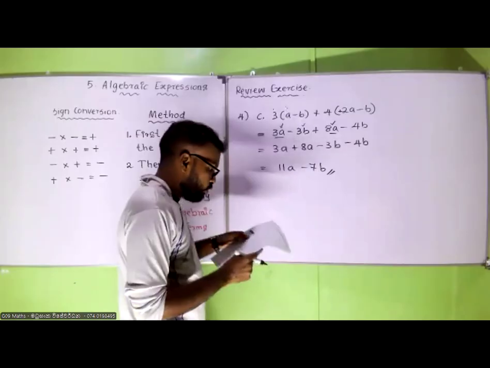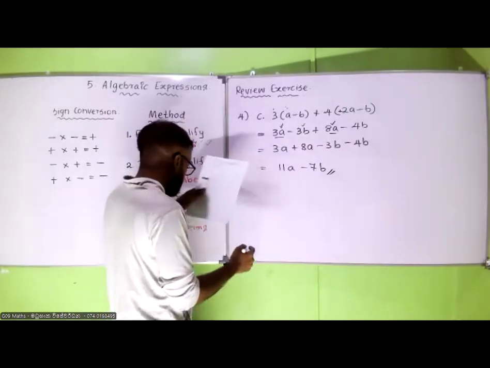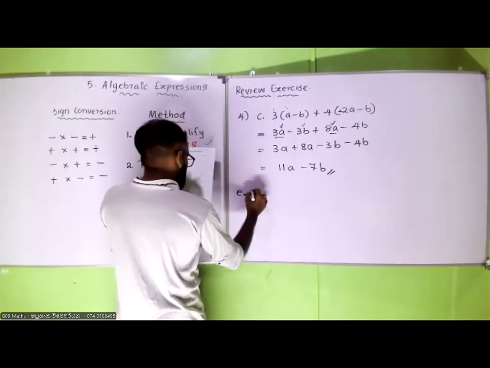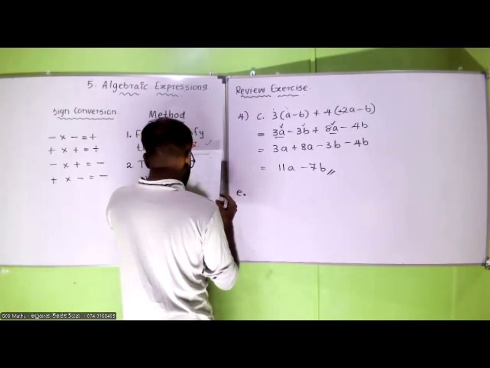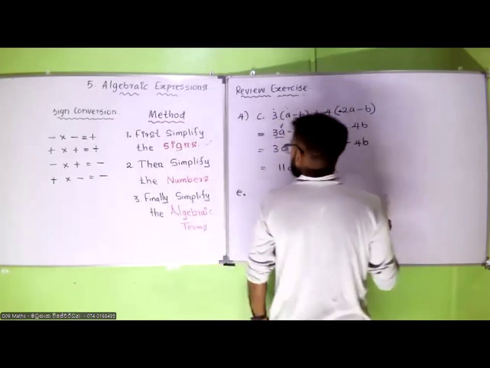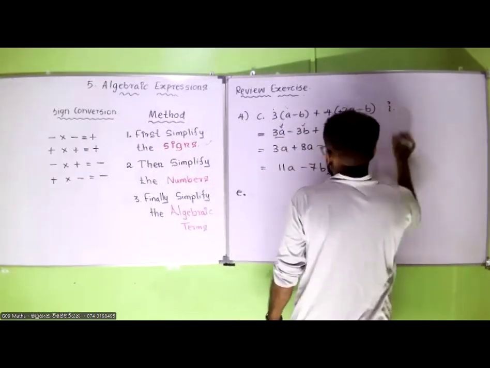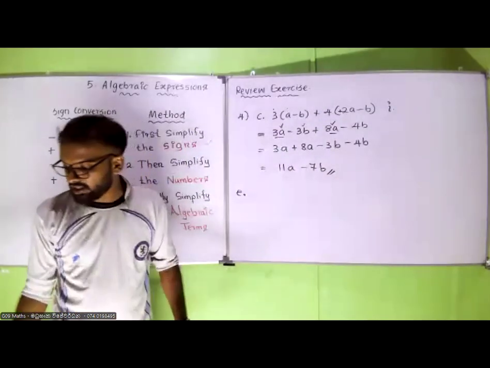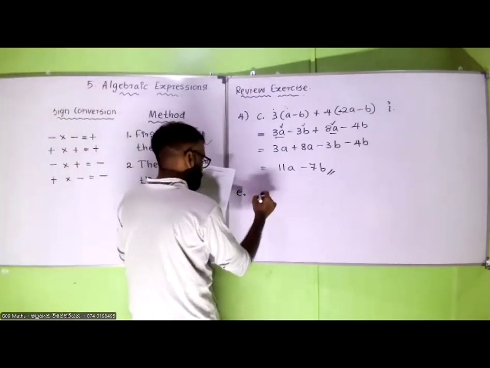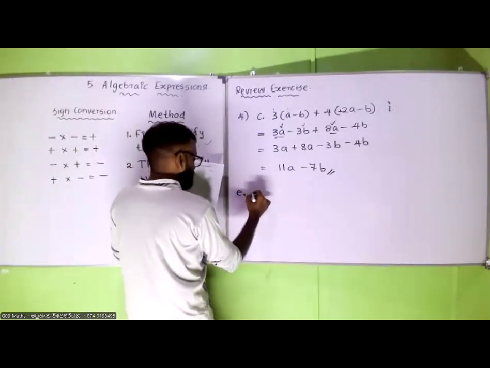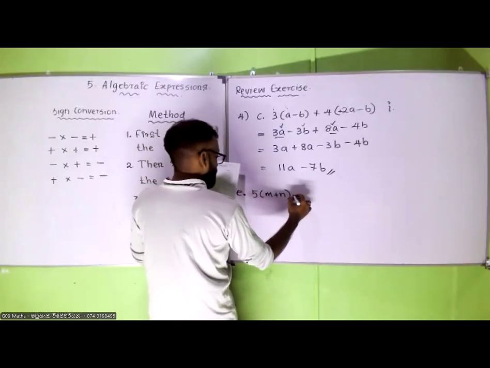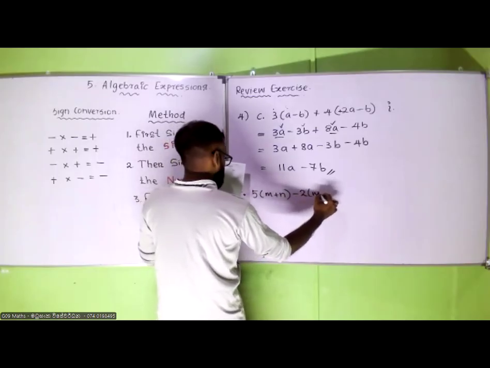Now do part E and part I. Do it fast. Part E is 5 times (m plus n) minus 2 times (m plus n).